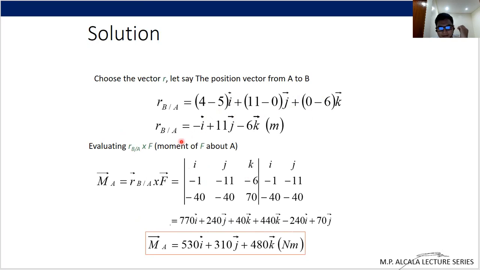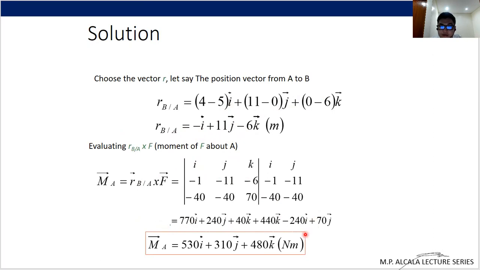So the moment arm, or the position vector from B to A, is simply negative 1 i hat plus 11 j hat minus 6 k hat. And simply computing for the moment, just doing your Cramer's rule again, I am computing the moment arm.